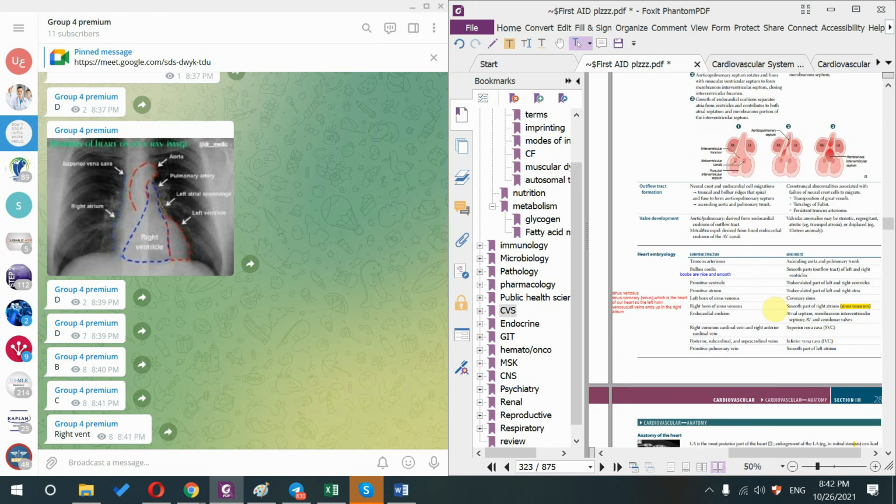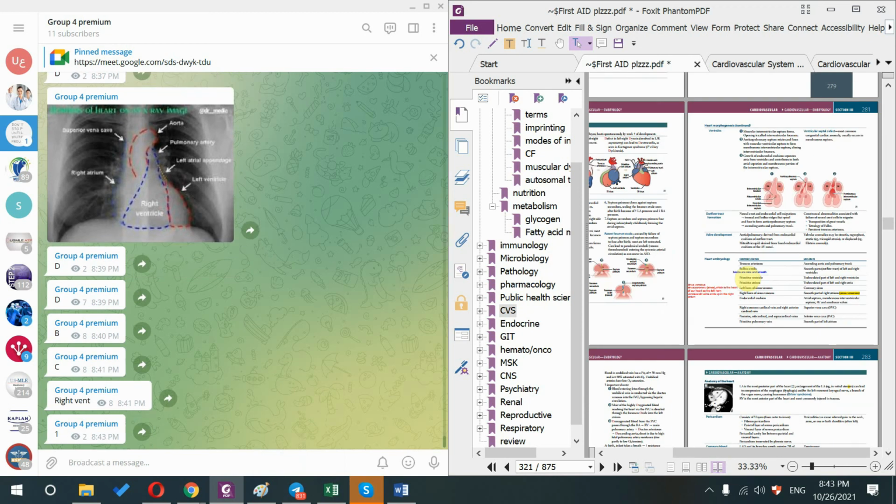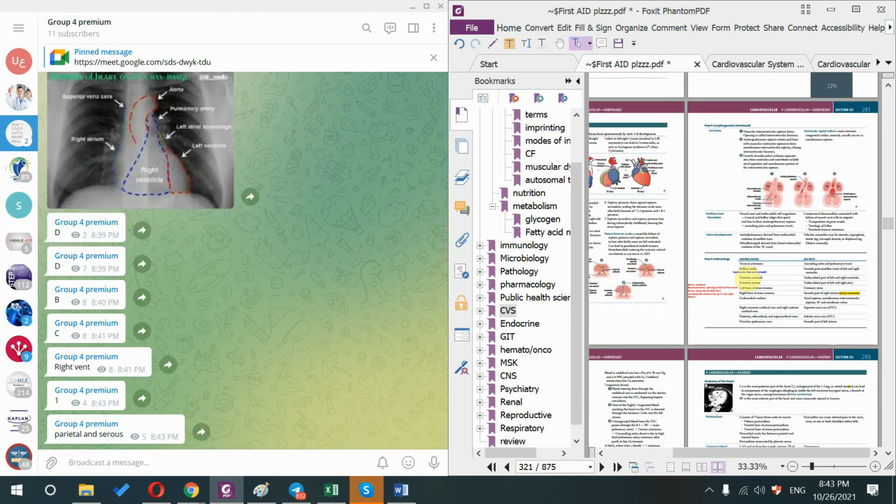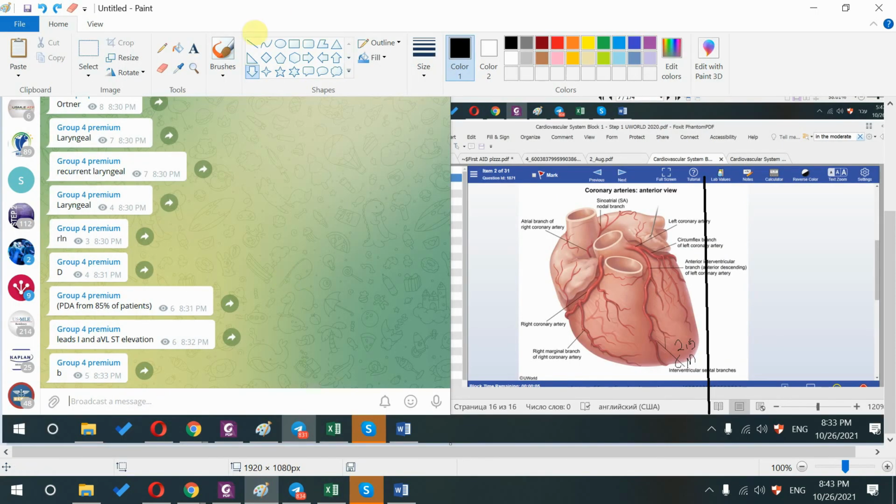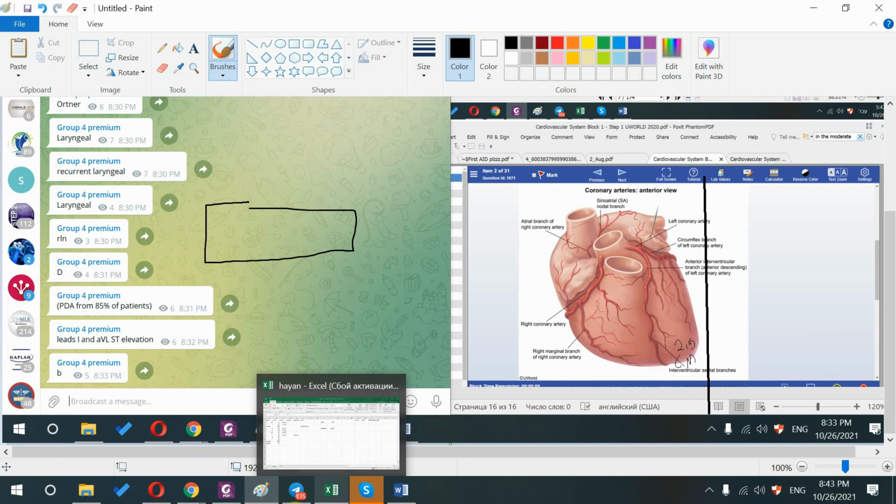Pericardial cavity. What is the location of the pericardial cavity? The question is. Remember please that the pericardium has 3 layers. It has an outermost layer, okay?